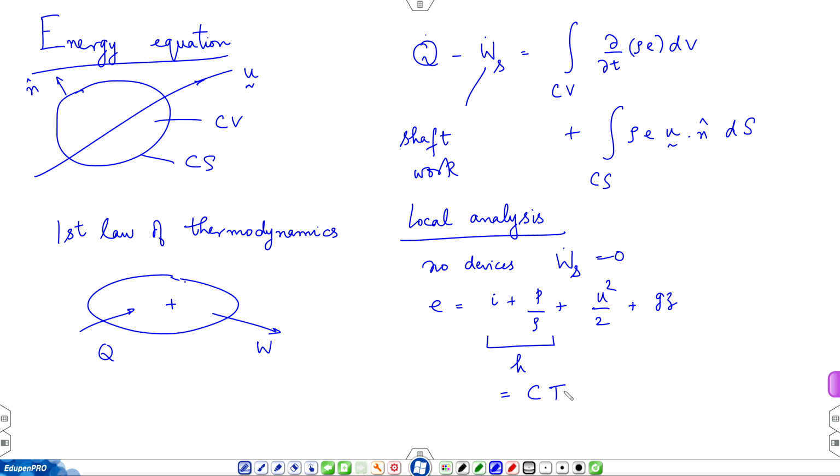So, if you bring in compressibility, then it has to be specific heat at constant pressure. If it is incompressible, which is what we have done all the time, then C at constant pressure is equal to C at constant volume. So, it is just C.